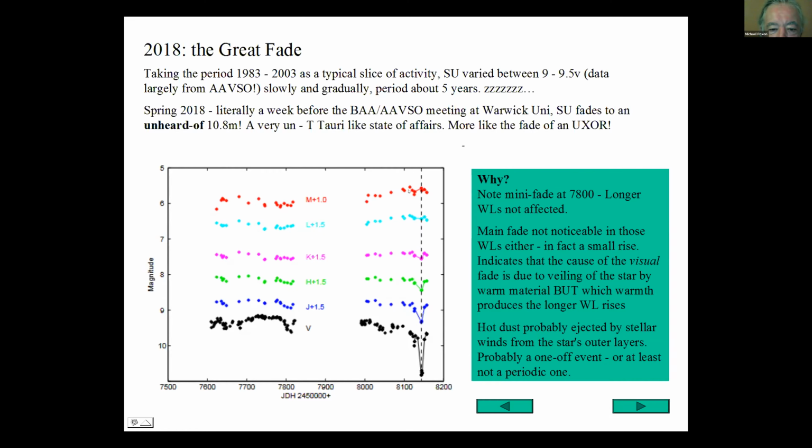In fact, if anything, they've got slightly brighter. So we've probably got a circumstellar disk here going on. It's doing its usual stuff. It's getting energy from the star. It's warming up and it's radiating in the infrared. But in the visual, and the slightly longer wavelengths, something is definitely going on.